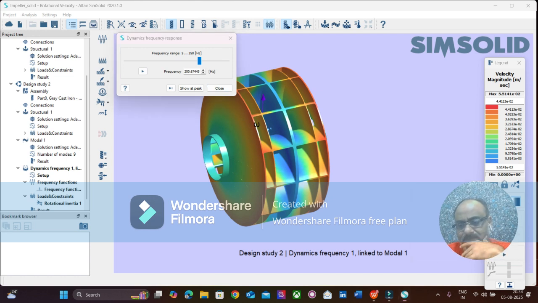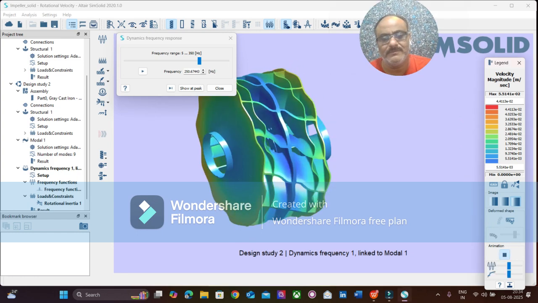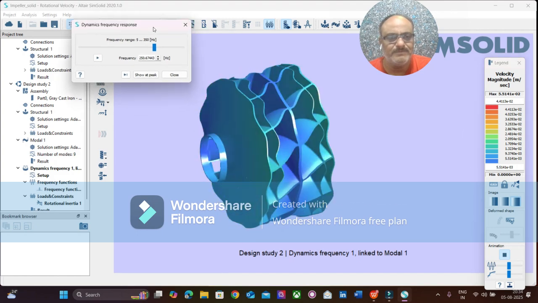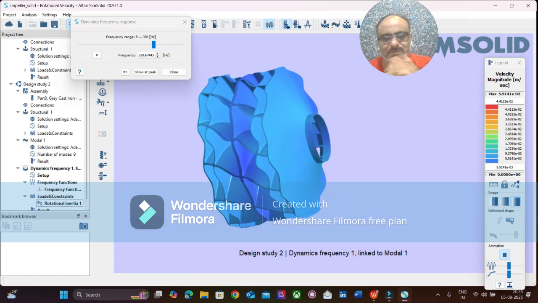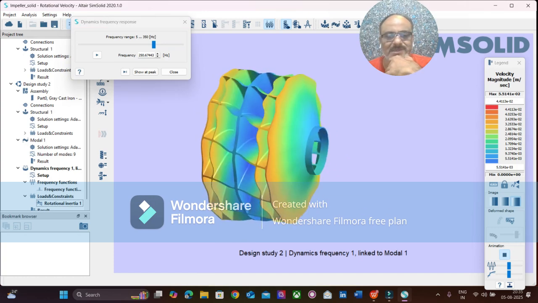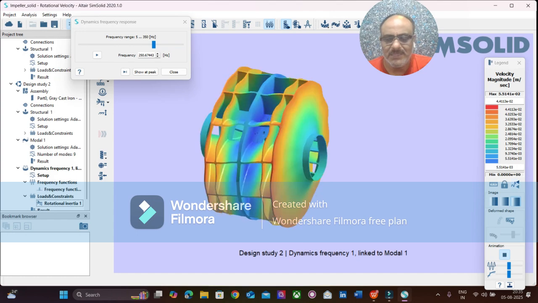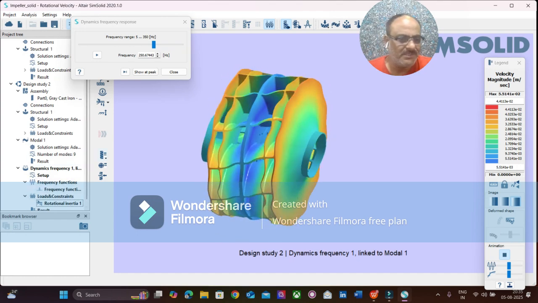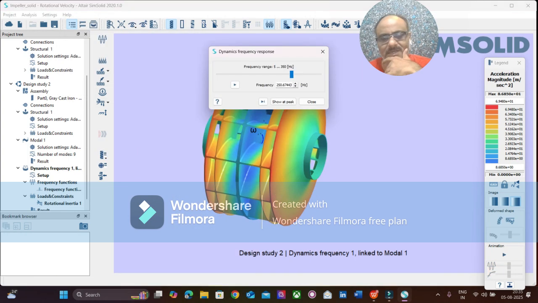So these are the velocity results. These are the contours, the plots that we find after the simulation. Now let's see the acceleration and its magnitude.